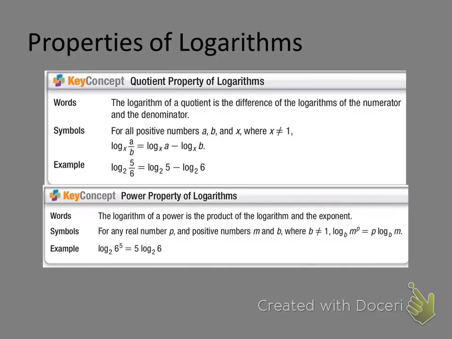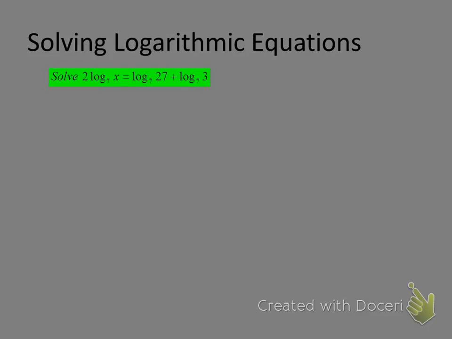So the first example here, we have 2 times log base 7 of x equals log base 7 of 27 plus log base 7 of 3. The first thing I would do is move this 2, since you can't really divide by it because this is all ugly, up to the exponent.